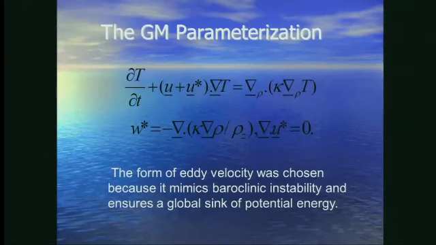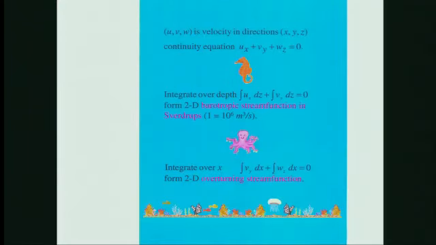So we implemented this in a version of MOM at NCAR. What I'm going to show you now is, this is a slide just to point out that if you've got a three-dimensional continuity equation like this, there are two stream functions, two-dimensional stream functions, that you can generate.